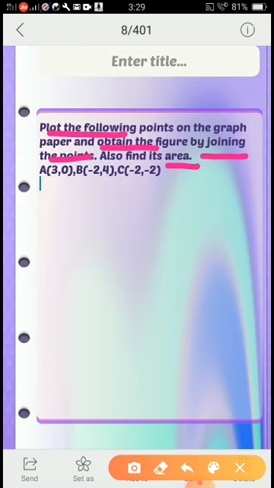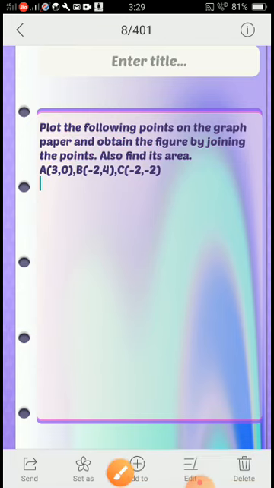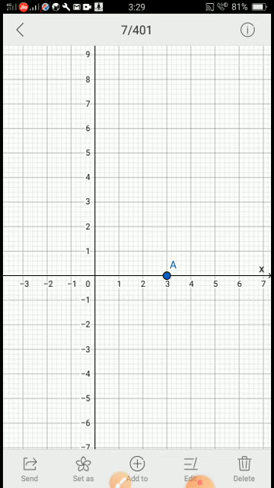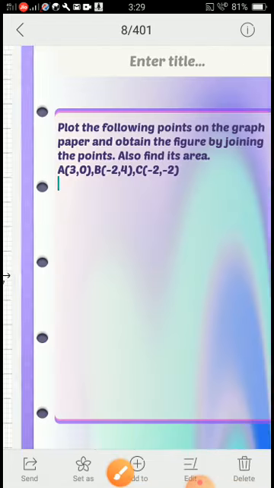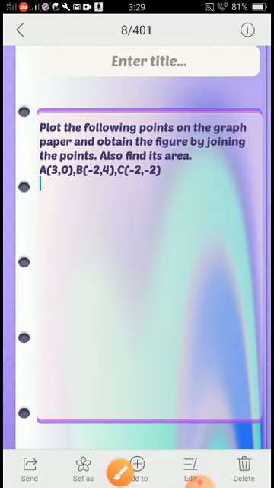So see which is my first point given, A (3, 0). A (3, 0), you have to tell where it should be. It will be on the x-axis. Yes, A (3, 0). Then what is my next point? B (-2, 4).